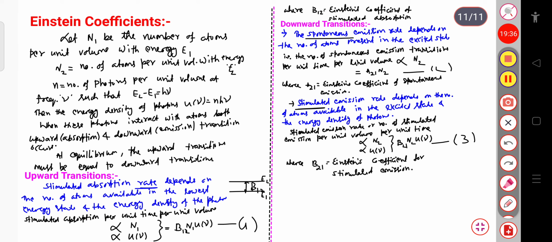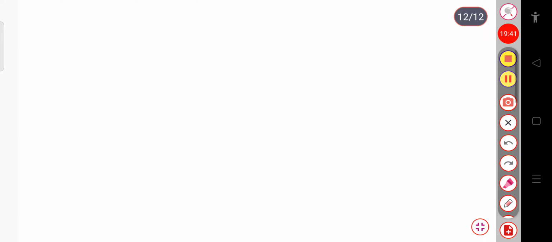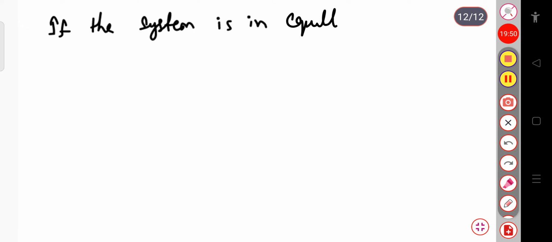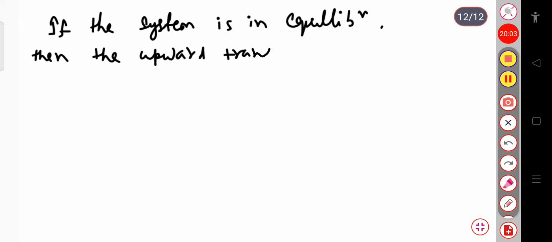That is, the total upward transition will be equal to the total downward transition. So if the system is in equilibrium, the upward transition is equal to the downward transition.